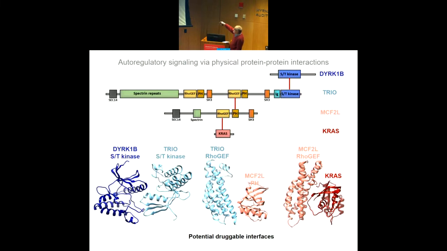So the next interaction, of Trio with MCF, is not through the kinase domain, but through a Rho-GEF domain interacting with a PH domain in MCF. And finally, a different Rho-GEF domain in MCF is interacting with KRAS. So we can actually take ourselves, in this case, through the domains and get a mechanistic picture of why this loop emerges.